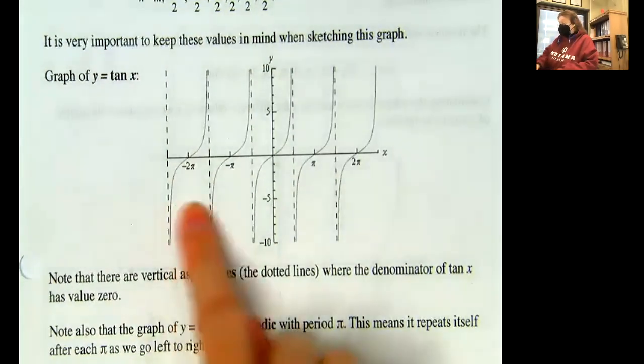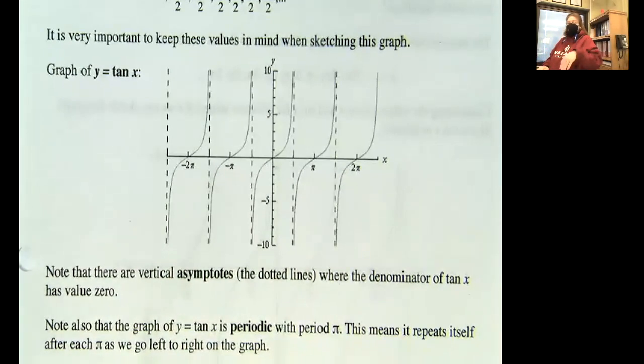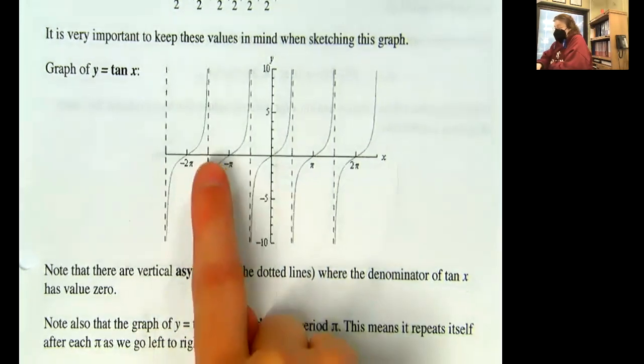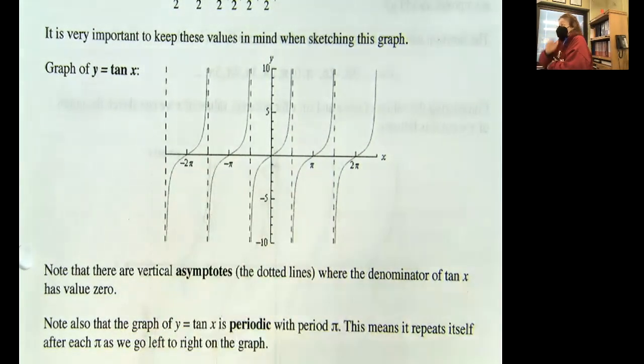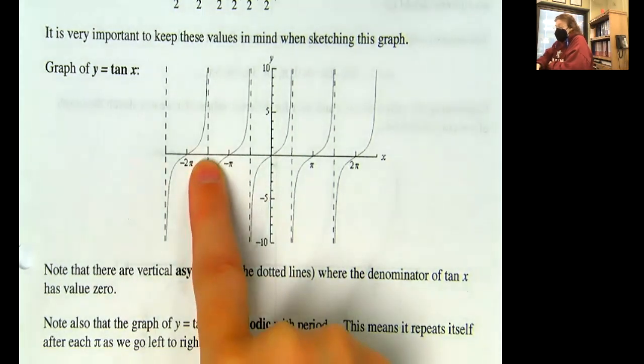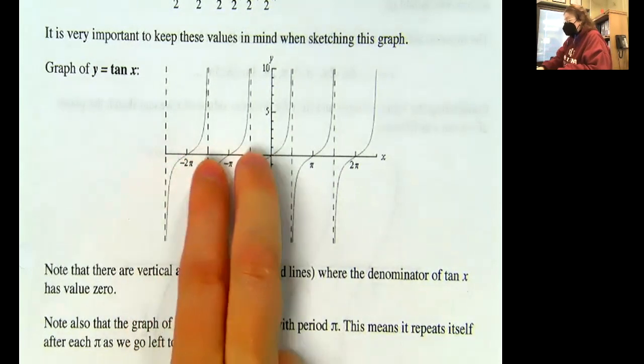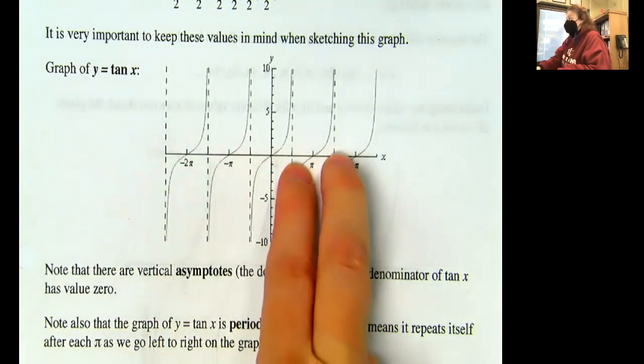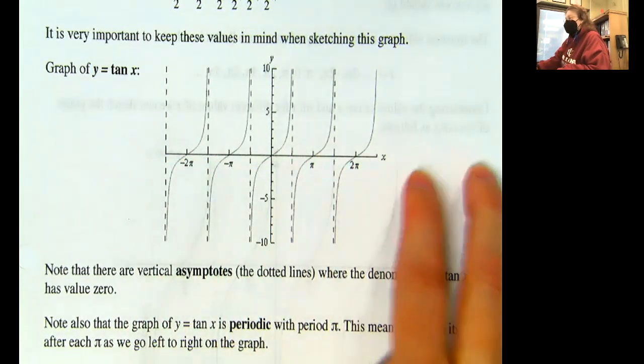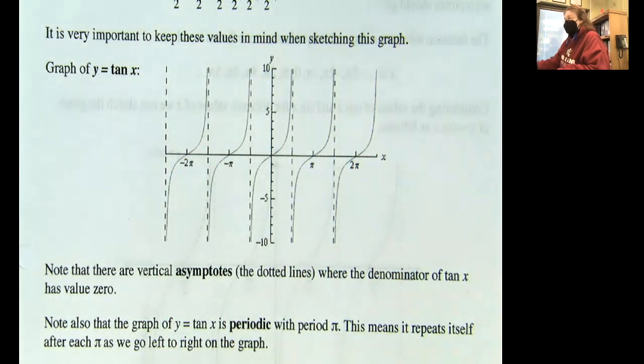So just looking at this graph in general, even if I didn't tell you it was tangent, even if we weren't doing trig, I just gave you this graph, you could figure out what the domain is, right? Every place there's a vertical asymptote, you would skip that in your domain. If this is a period, then every number that's going to be skipped would be a multiple of whatever the period is.